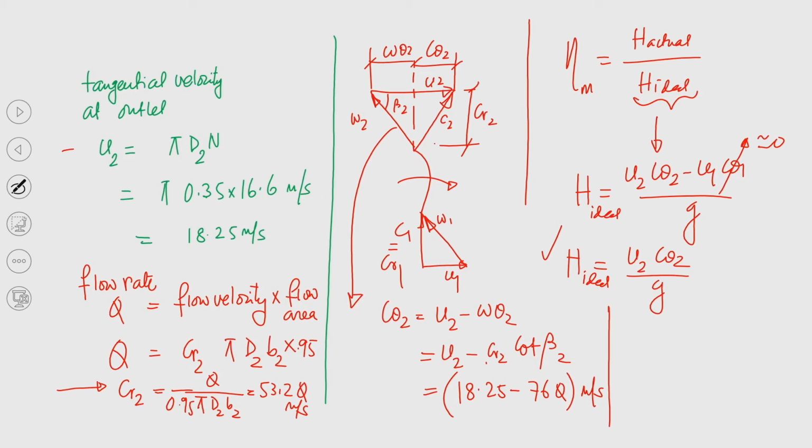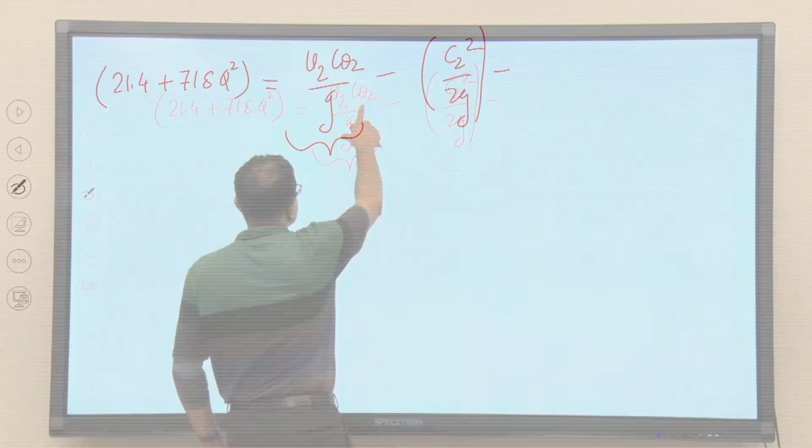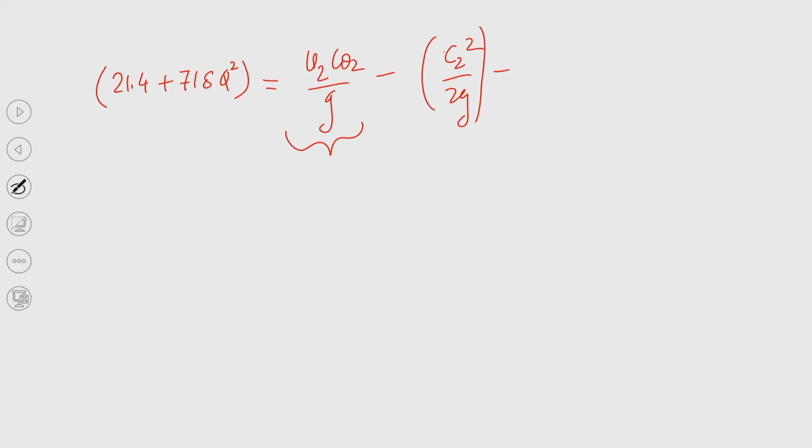So, the leaving loss, that is half m c2 square, is loss. That amount cannot be converted. So, U2 C theta 2 by g is the head that we can expect from the pump. This amount of kinetic energy will be lost, and we will not be able to recover it.